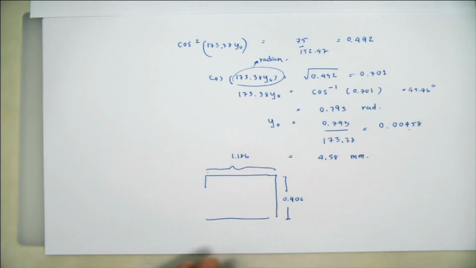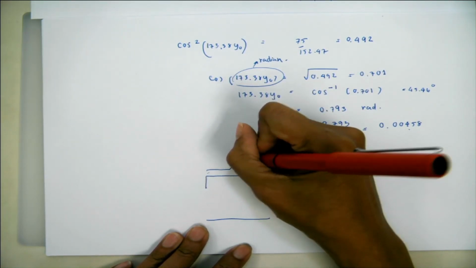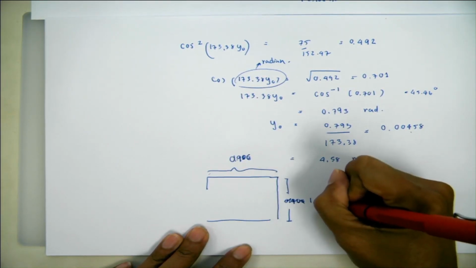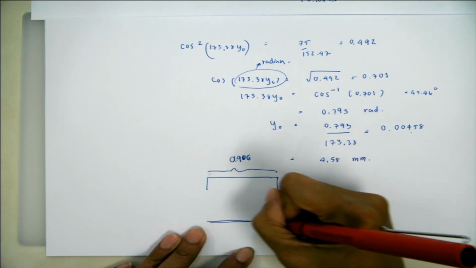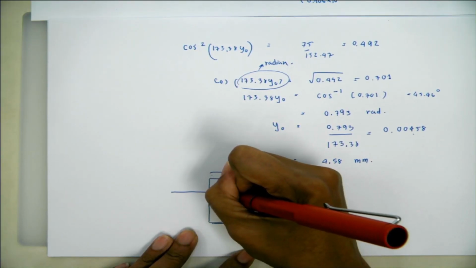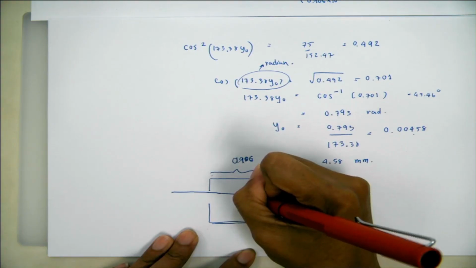I think I did something wrong. This should be your length, 1.096, and 1.186 here. So this is 9 millimeters.